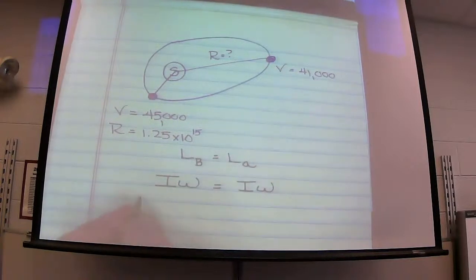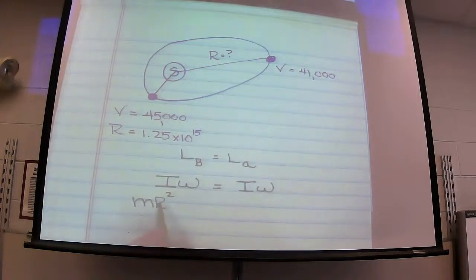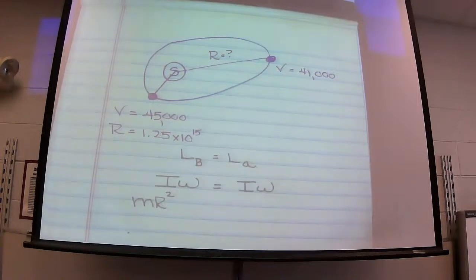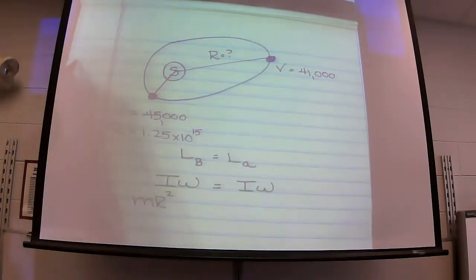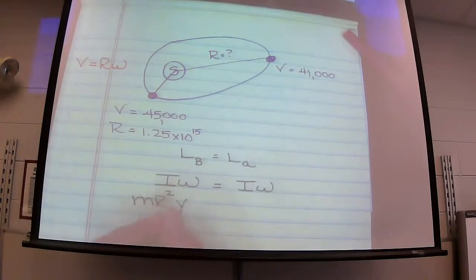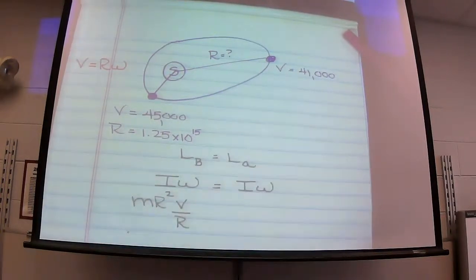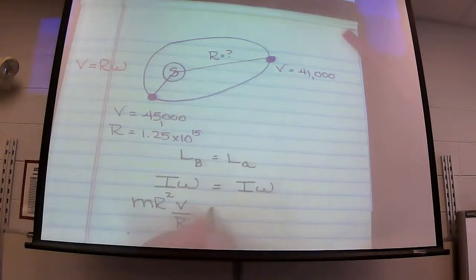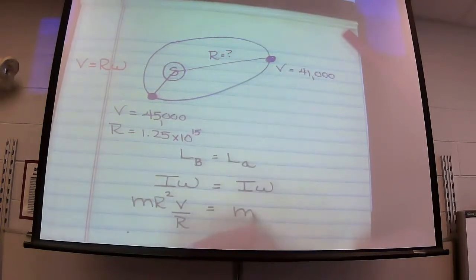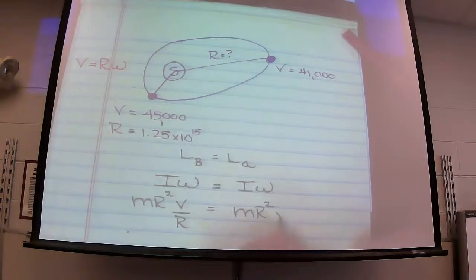So it's m r squared. We don't know omega, but v equals r omega, so we could replace omega with v over r. So we have m r squared v over r on each side.